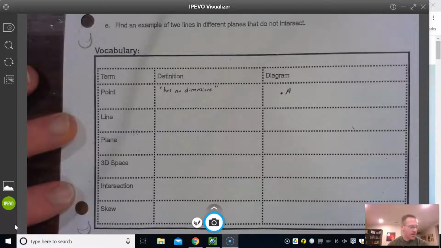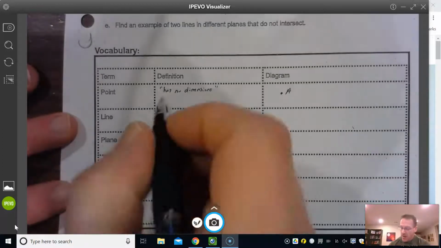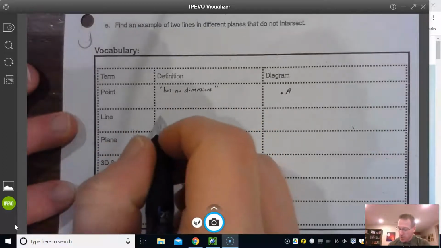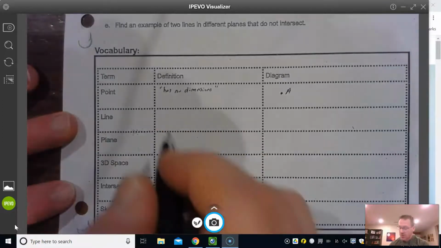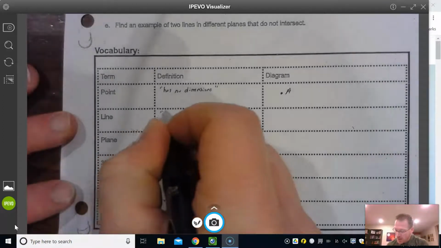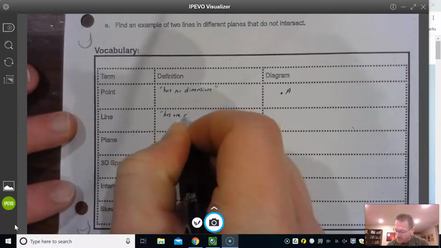A line is something that extends in both directions through 2 points, and a line has one dimension.